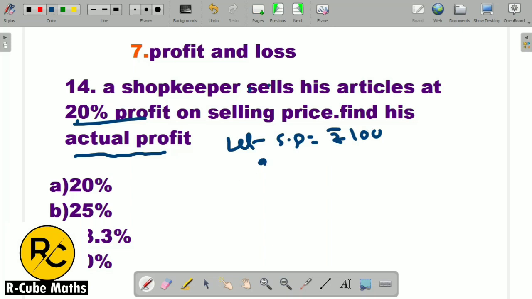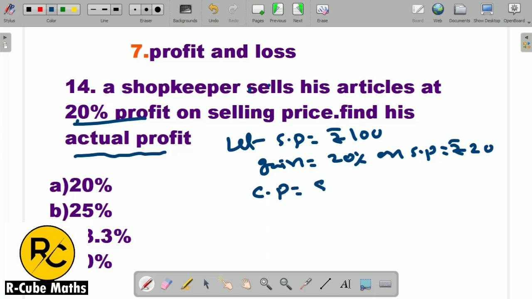So we get the gain is 20% on SP, means 20% on 100 means 20 rupees. We get 20 rupees gain. So what is CP? Cost price is selling price minus gain. Selling price is 100, 100 minus 20 means we get 80 rupees. So the cost price of an article is 80 rupees.